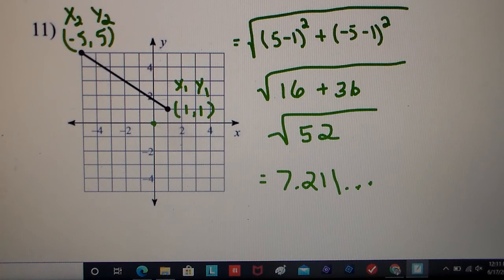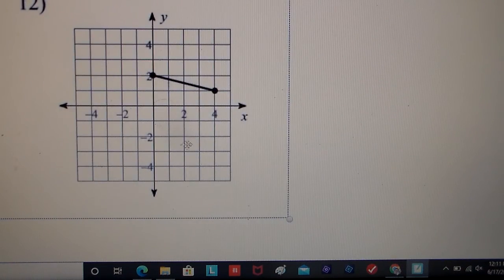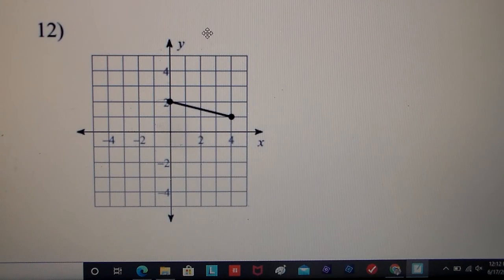Let's squeeze in one more like this. Let's try number 12 here. So from this purple dot, we know it's 4 to the right, 1 up. So the coordinate here is 4, 1. And this one is 0, 2. Those are my two coordinates. x1, y1, x2, y2.